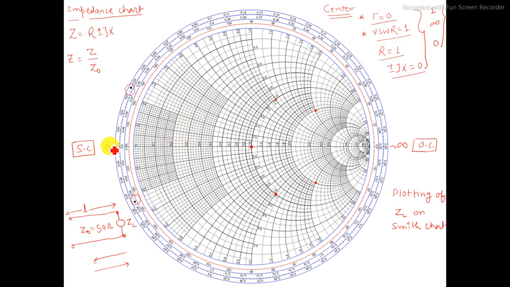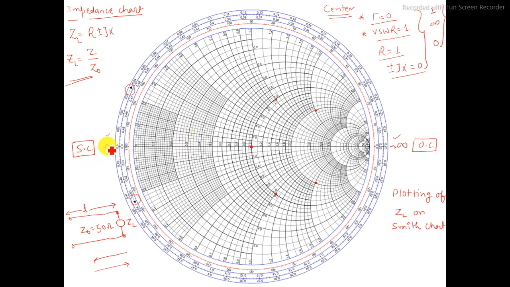Another important point is this: when I take it as an admittance chart, Y, not as a ZL but as a YL, then these 2 points will be opposite. Now we are going to plot the load impedance, and for this given load impedance we are going to find out the V maximum and V minimum location.